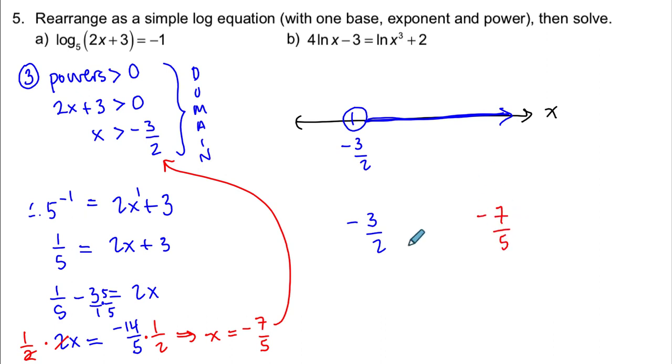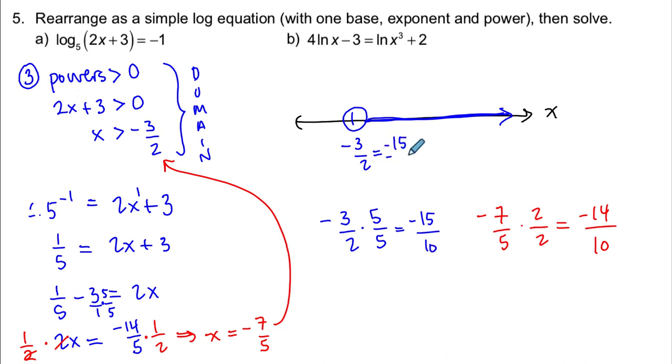So my common denominator is 10, so I'm going to multiply the red fraction by 1 in the form of 2 over 2. And I'm going to multiply the blue fraction by 1 in the form of 5 over 5. And so the blue fraction is the same as negative 15 over 10.